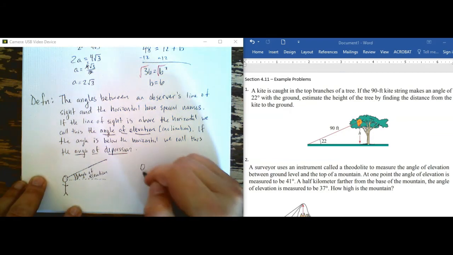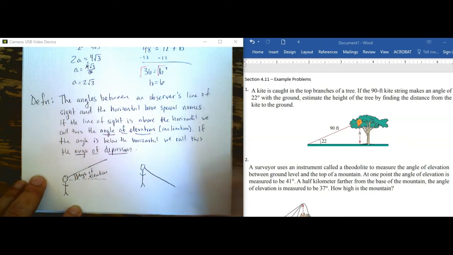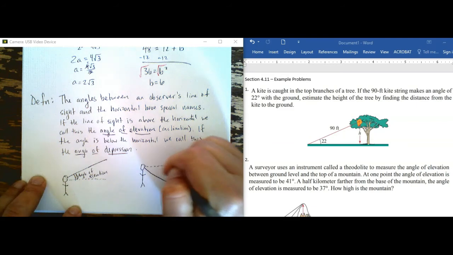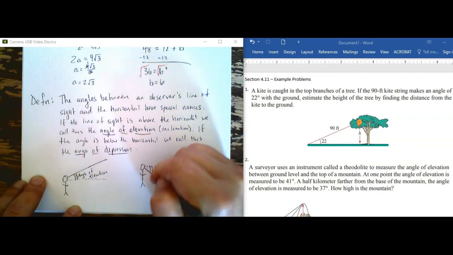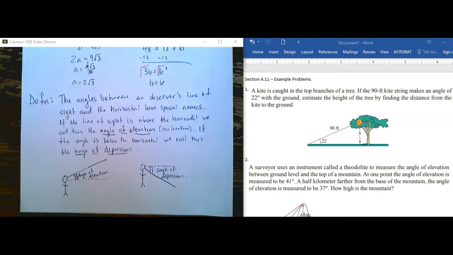If they're looking down at the ground, here's the horizontal, this angle is called the angle of depression. So you may see this terminology in your example problems, okay?